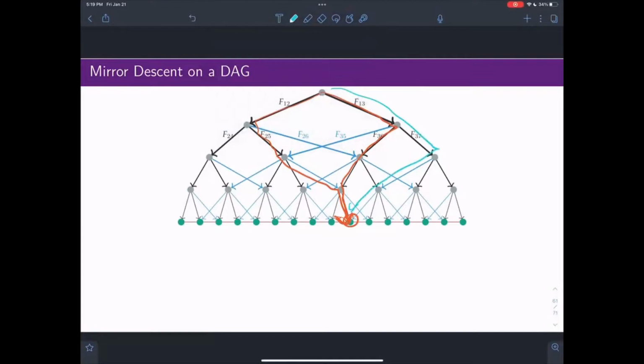So there are multiple ways to represent a single leaf in this DAG. And eventually what we play at this leaf is the sum over all incoming flows to this leaf from any path from the source.